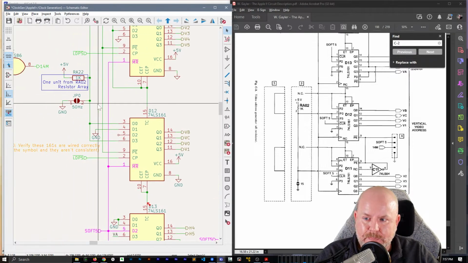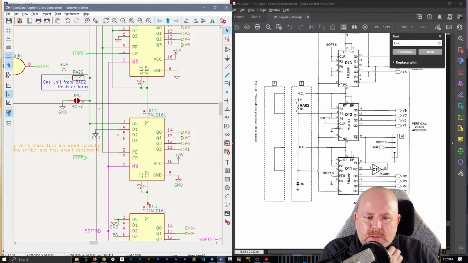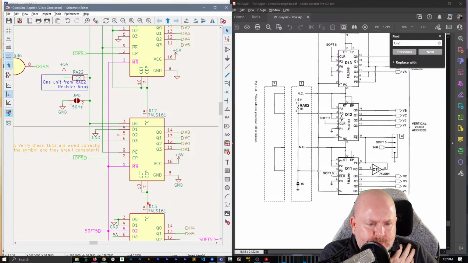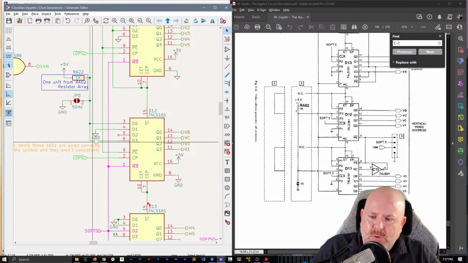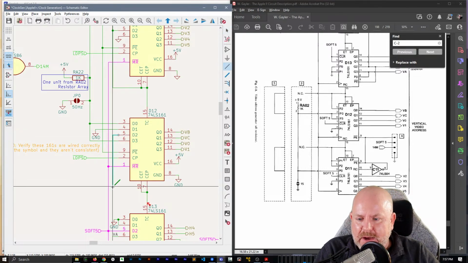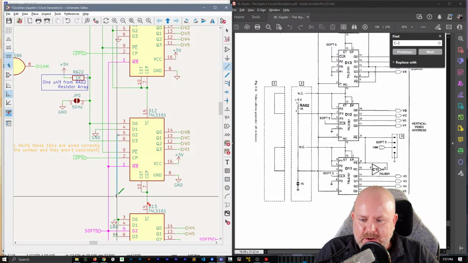Okay. So pin 5 connects to 10, 7, and 15 from the one below. So that was supposed to have been connected down here, which I'm going to move to here.